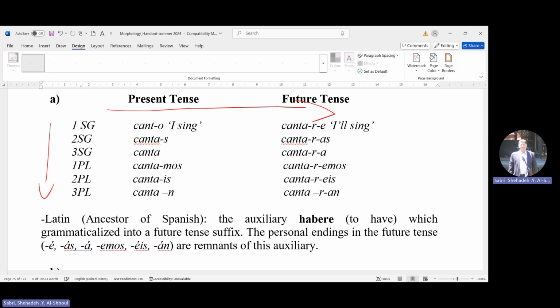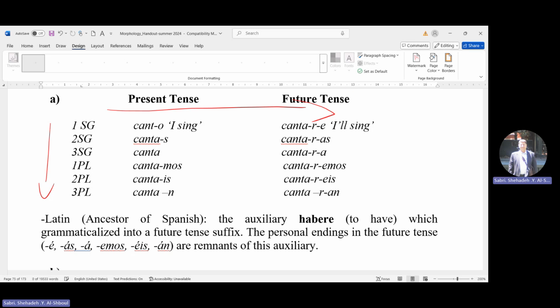Sorry for damaging some Spanish because I'm not speaking Spanish. So we have canto, I sing, cantas, right? Cantas, you singular sing, canta, he or she sings.